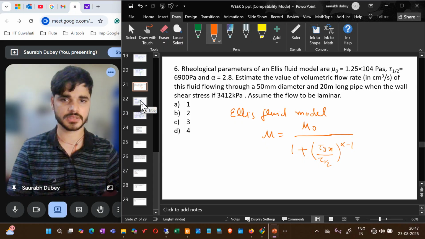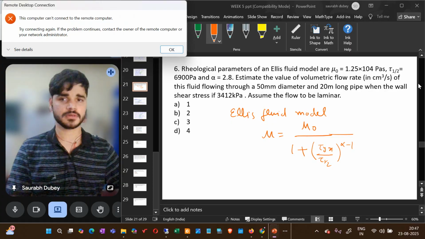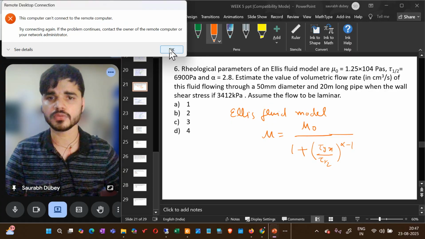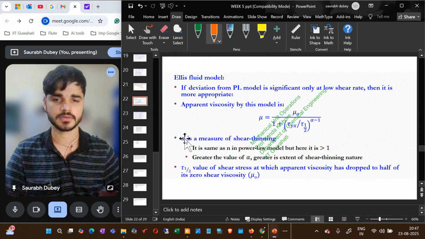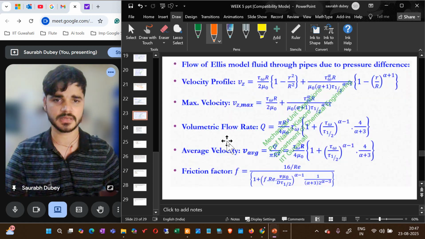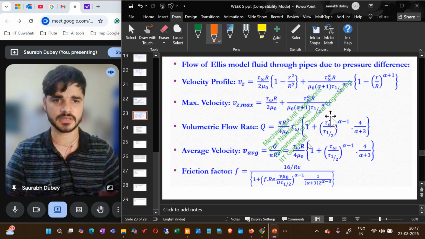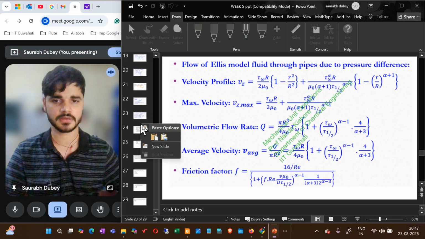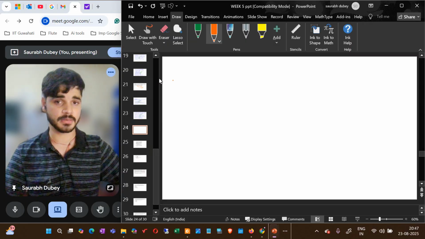So the sixth question is this one, and in this one, if you see, these are the models that are there. And these were the basics that are required to solve this, right? Now using the expressions that we have just discussed above.